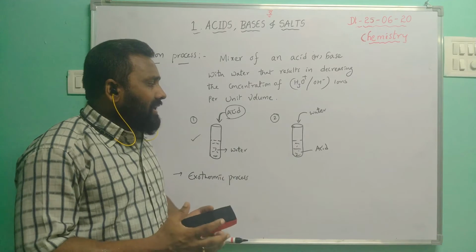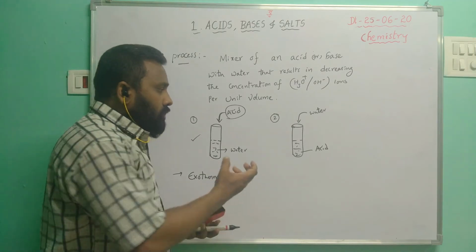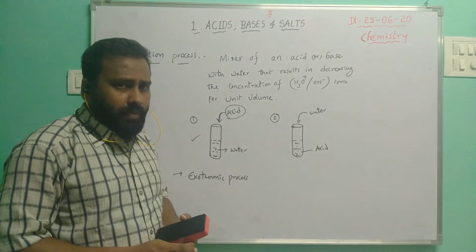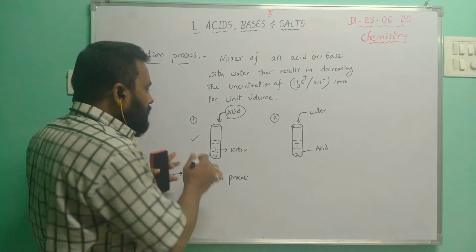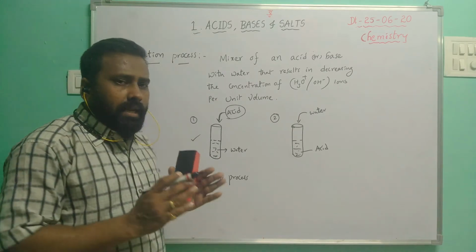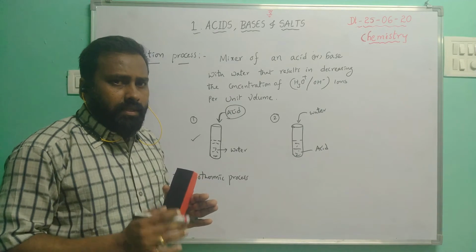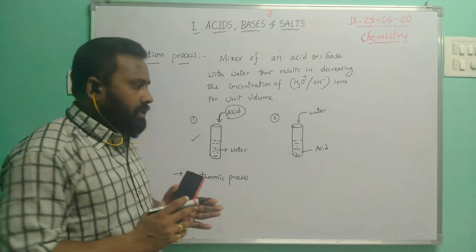Due to localized excessive heat, the test tube can be broken. So the dilution process is just adding the acid or base to the water. That is the right way.